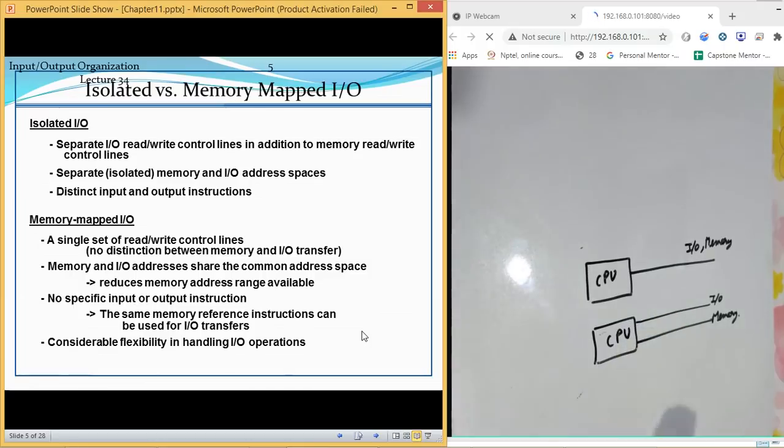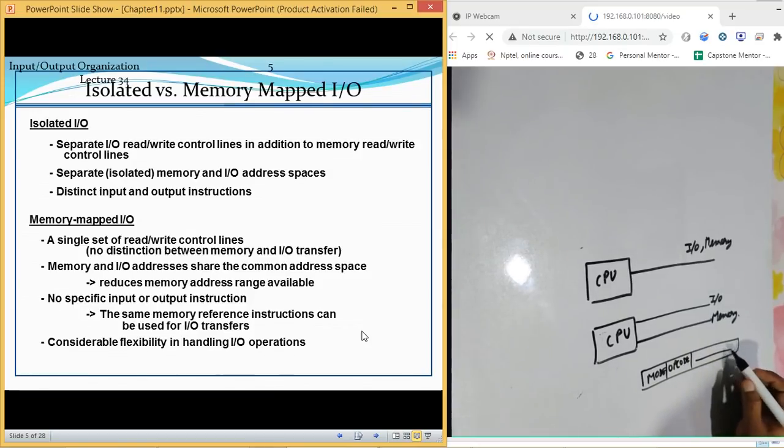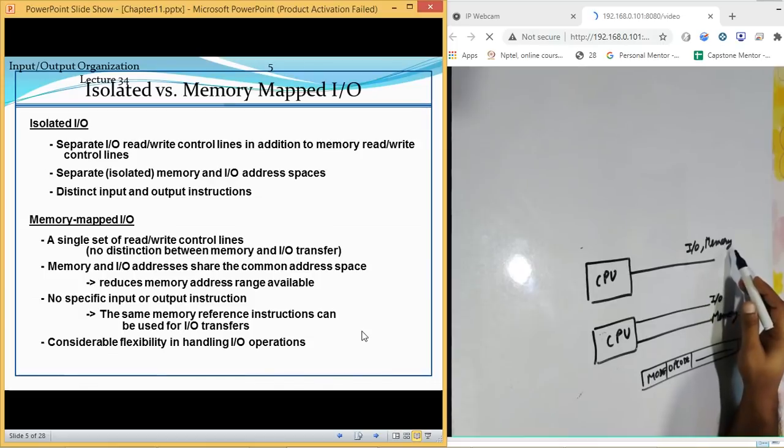Like if I want to represent an address, we have mode, we have opcode, then we have address. Now this address will be the same in the case of input output and memory.